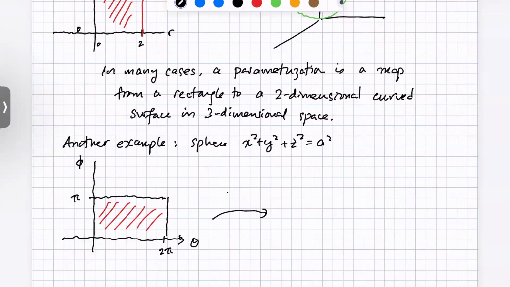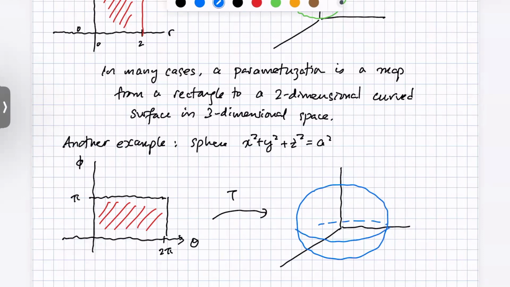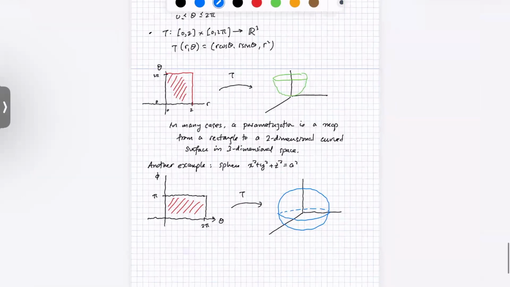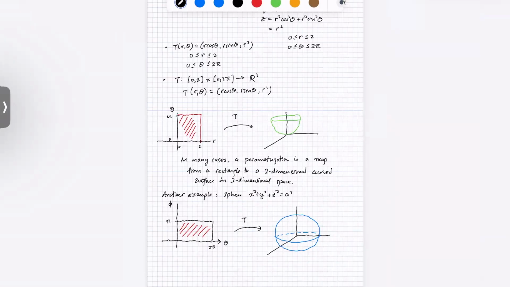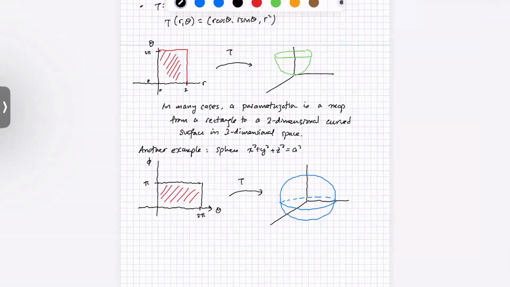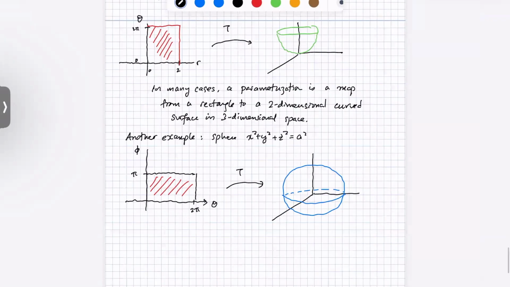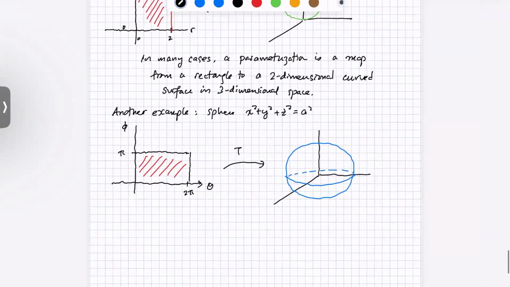And then you are applying T to it. And you're basically bending the rectangle and making a sphere out of this. This is the way that one can think of these kinds of parametrizations transformationally, taking a rectangular space, not in all cases, right? We'll see in other videos.